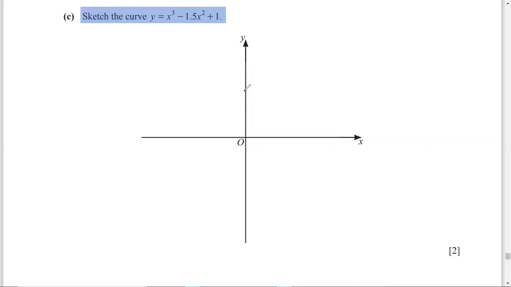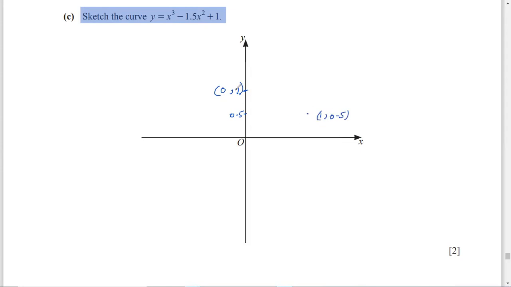So here the x coordinate is 0 and y is 1, and the second point is (1, 0.5). So here 1 and here 0.5.